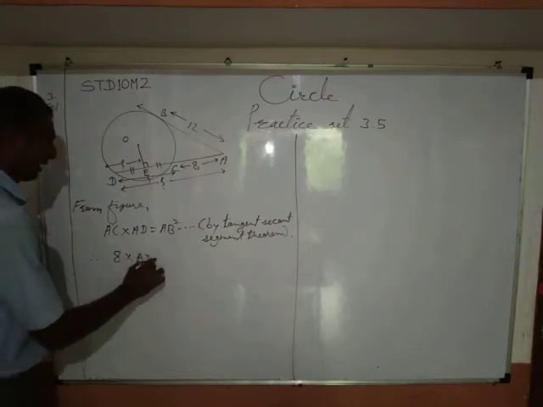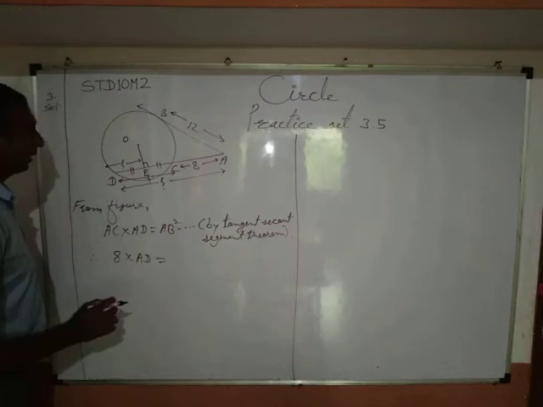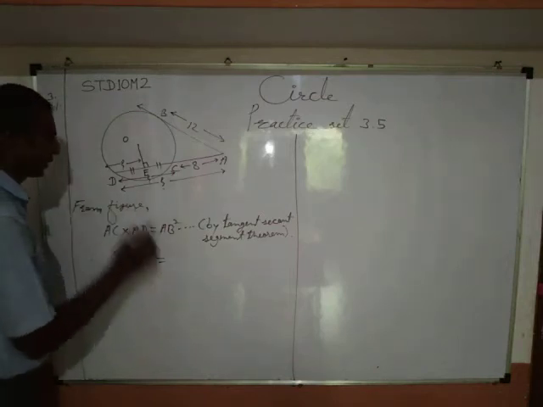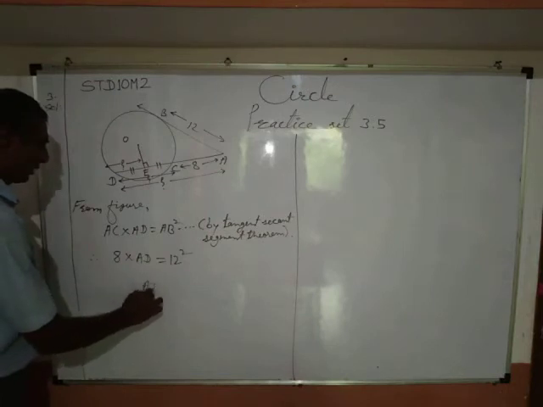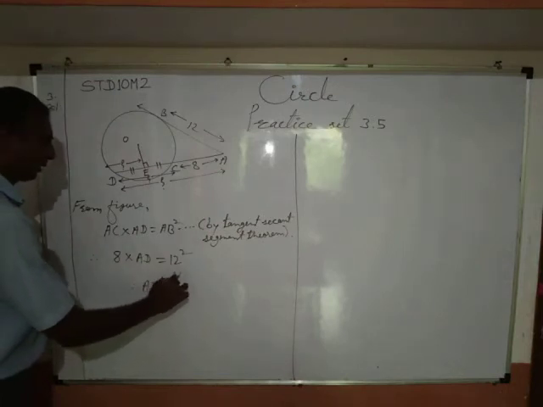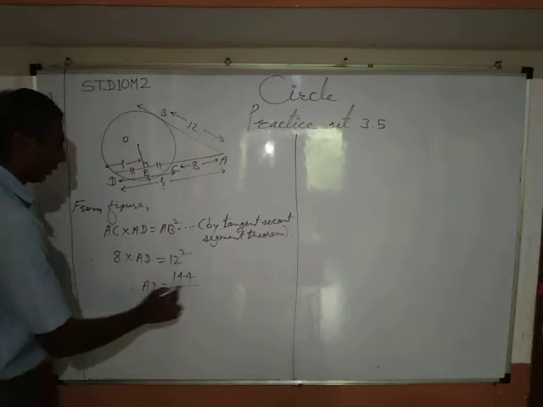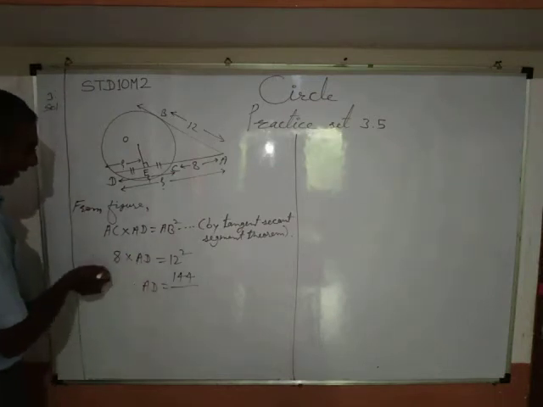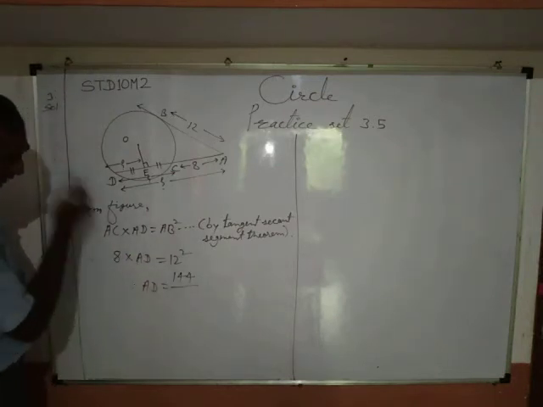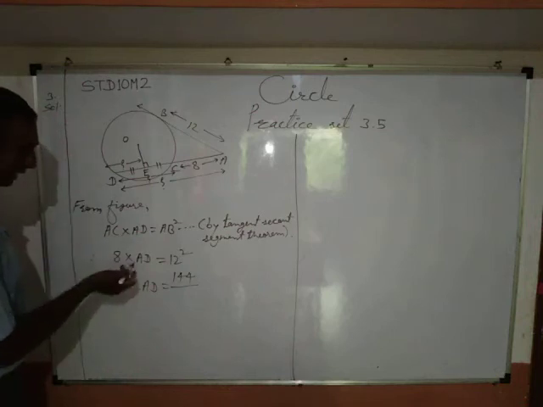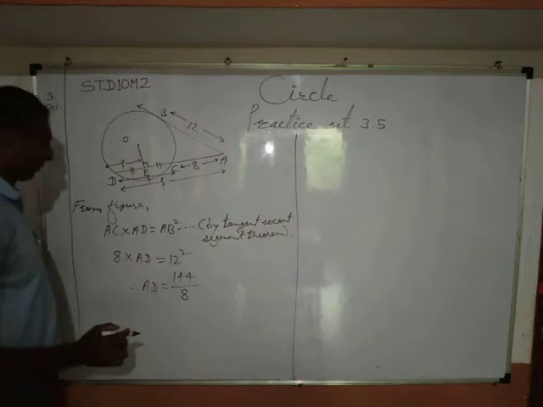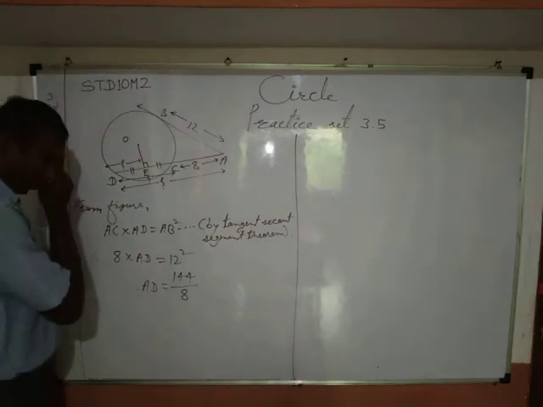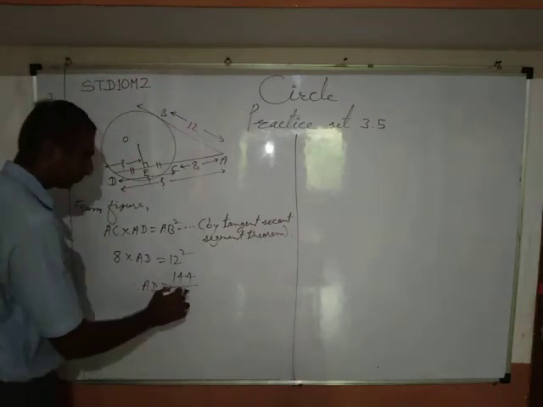Let's keep AD as it is, equal to AB square, but the value of AB is 12, that's why it will be 12 square, and therefore AD equals square of 12 will be 144 upon the multiplier of AD, which is 8 in the previous step. Now that 8 will be the divisor of 144. Okay, AD equals 144 divided by 8.